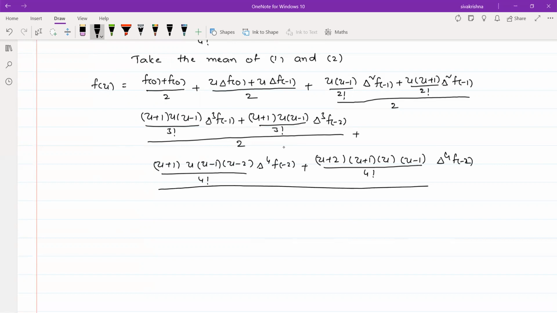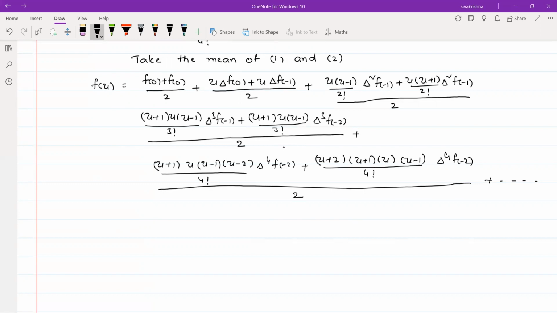Since we have to find the mean, we write by 2, plus and so on. This is the mean of equation 1 and equation 2. We have to find the mean for each and every term in both the equations, starting from the LHS. I have found the mean for 5 elements on the RHS.